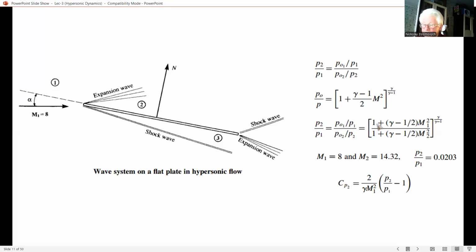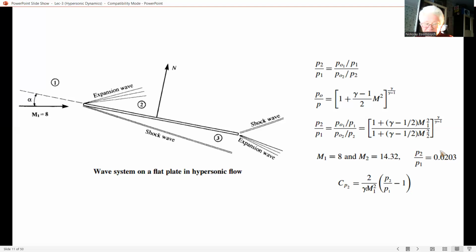We have two identical values except for Mach numbers, M1 squared over M2 squared, in the same power of this expression. In the case we have Mach number equal 8 and M2 equal 14.32, we get the relation P2 over P1 gives us the value 0.0203.